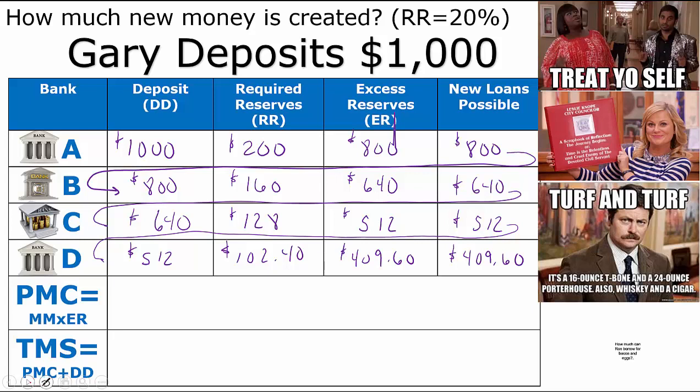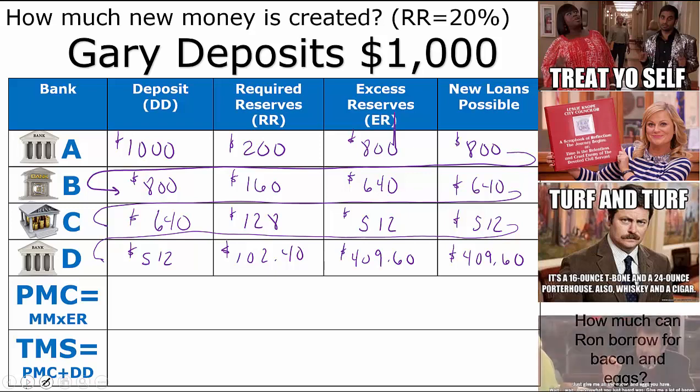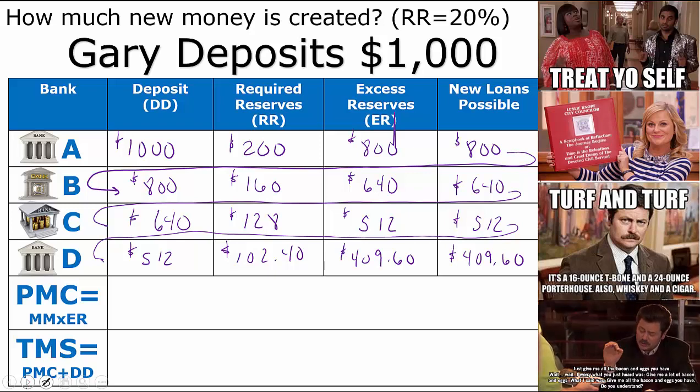Who borrows it? Ron again, so he can buy all the bacon and eggs that you have. Basically, this process would continue on and on until there were $0 loans possible.